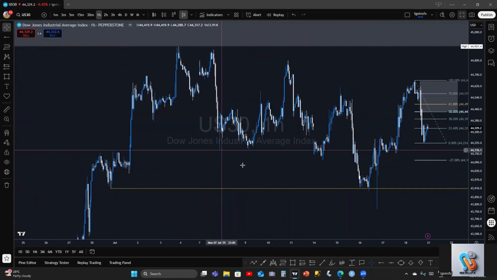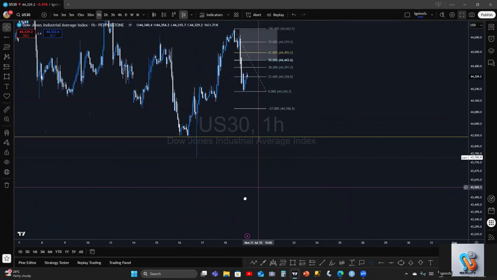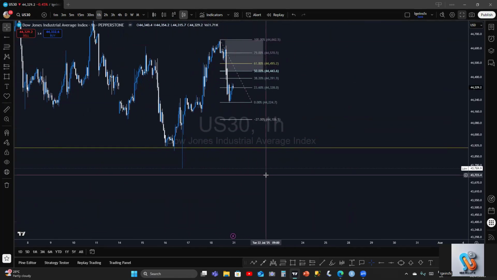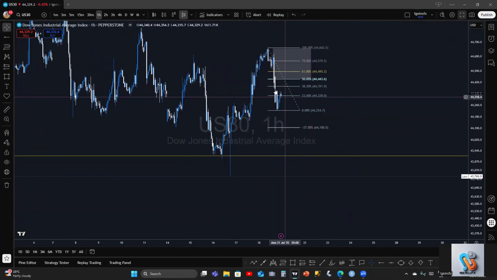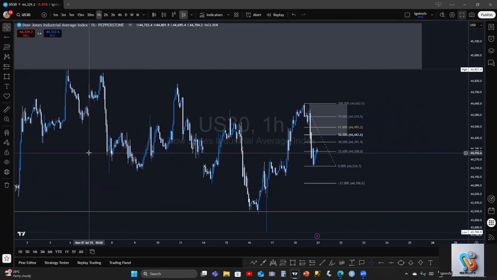This is leg one. We need another one. So price is making its way to the downside. The current trend is bearish, even though the overall trend is bullish.